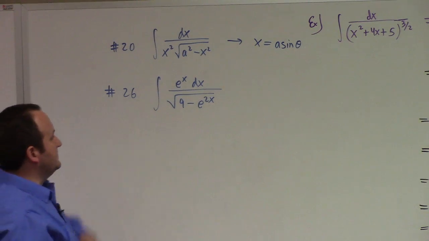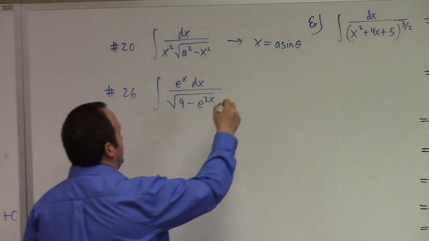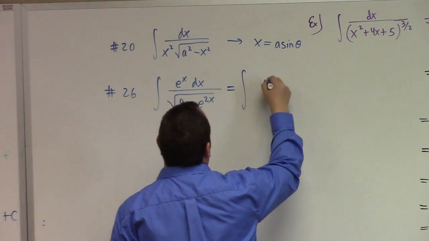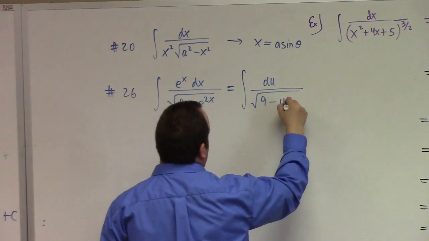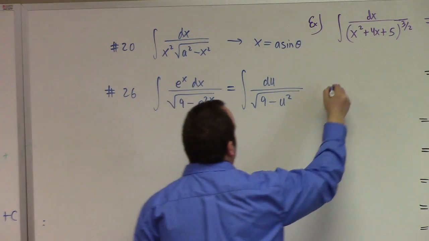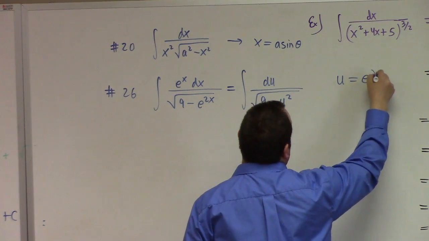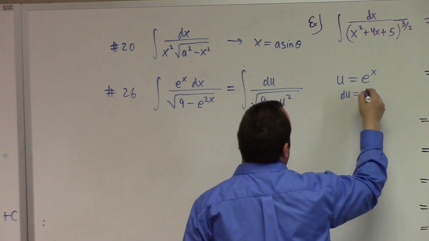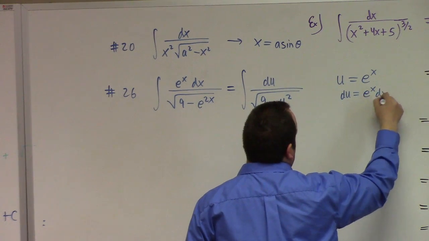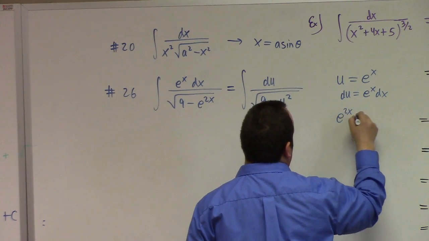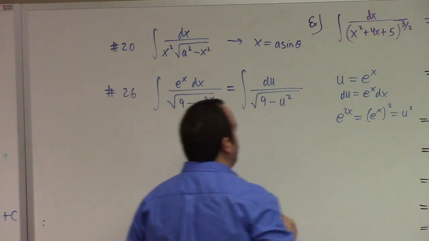How about number 26? Let me make a u substitution here. This is the integral of du over the square root of 9 minus u squared. Not quite, though. If u is equal to e to the x. Oh, okay, it is. I'm sorry. I was thinking there was a 2 in the u substitution, but the 2 is just because e to the 2x is e to the x squared, which is u squared, right?